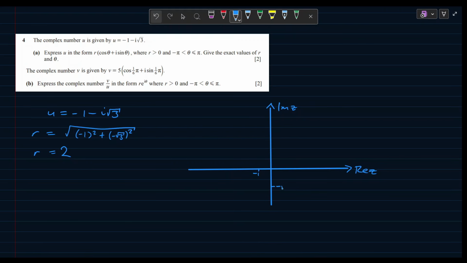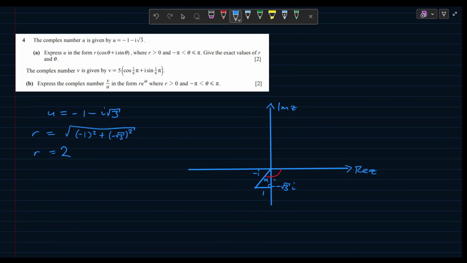So negative root 3 i. So it means our complex number would be somewhere here. And we want to find its argument. So the argument is the angle that it forms with the positive real axis. So we can draw a triangle, and let's call this angle alpha. We know that our opposite here is going to be the distance traveled in the real axis, that's 1 unit, and our adjacent is going to be the distance traveled in, there should be a right angle here.